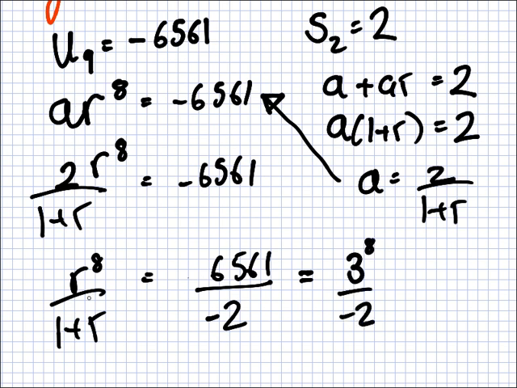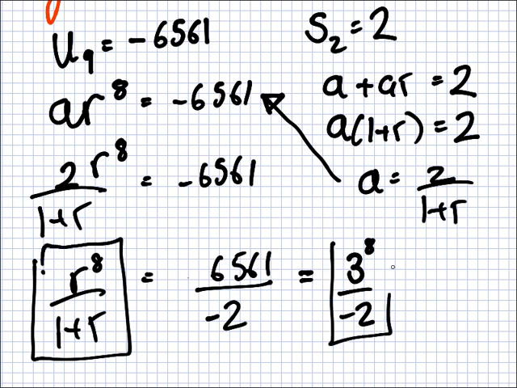Now, if you look at what you have here and what you have here, there's not a huge difference. Probably the r is going to be the 3, but we want to match it perfectly. So I'll change this into 3 to the 8 over 1 minus 3. Not quite there yet, one thing left to do.